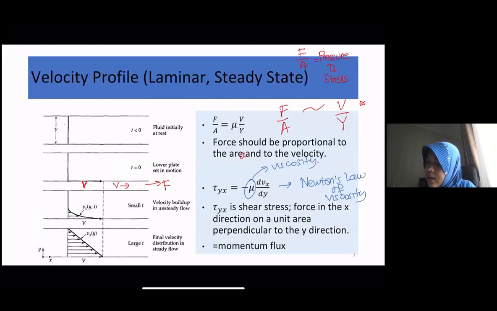In this case it is called molecular momentum flux because we have a velocity over here and a velocity over here, but the molecule is standing still actually. Because there is a difference in velocity between this one and that one, there would be a shear stress, gaya viscous.